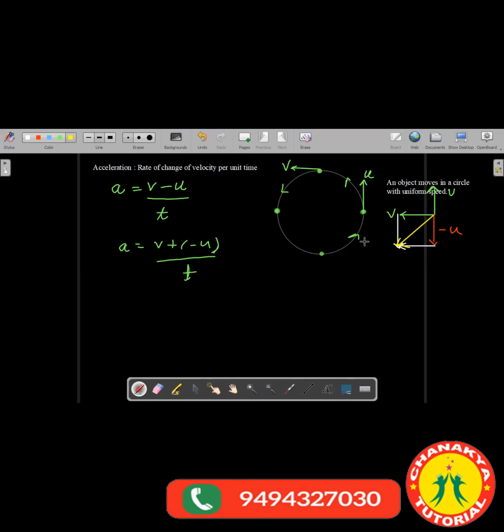You can observe by taking this arrow as the resultant. See, it is pointing towards the center of the circle. So at whatever point you find the acceleration, it is directed towards the center.